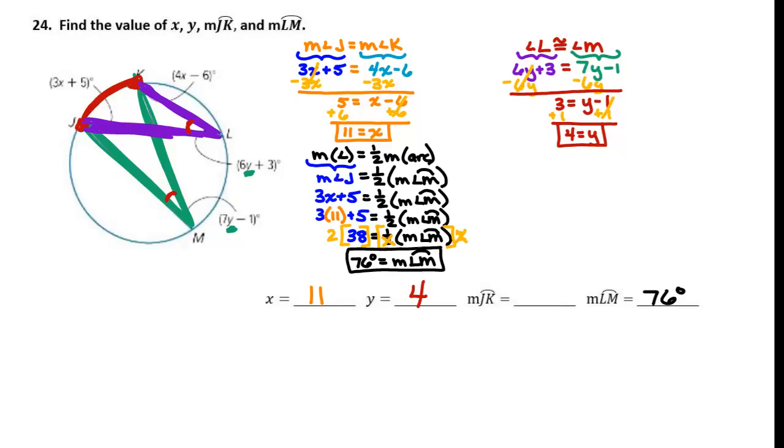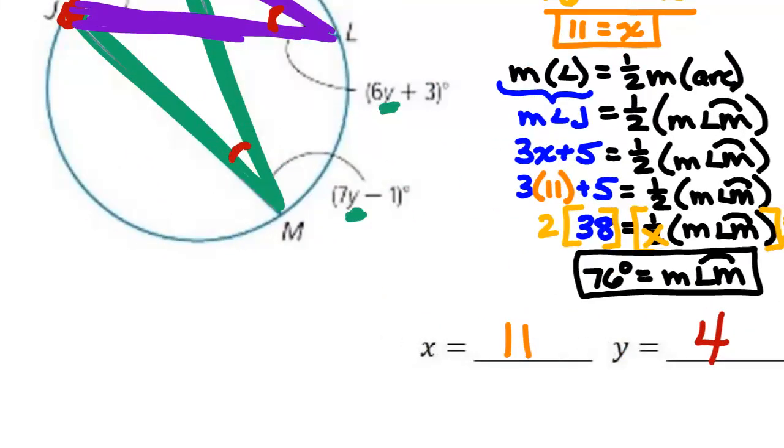To find the measurement of arc JK, I have to take one of those two angles, either L or M, and I have to use that to find the arc. What kind of angles are L and M? Inscribed.